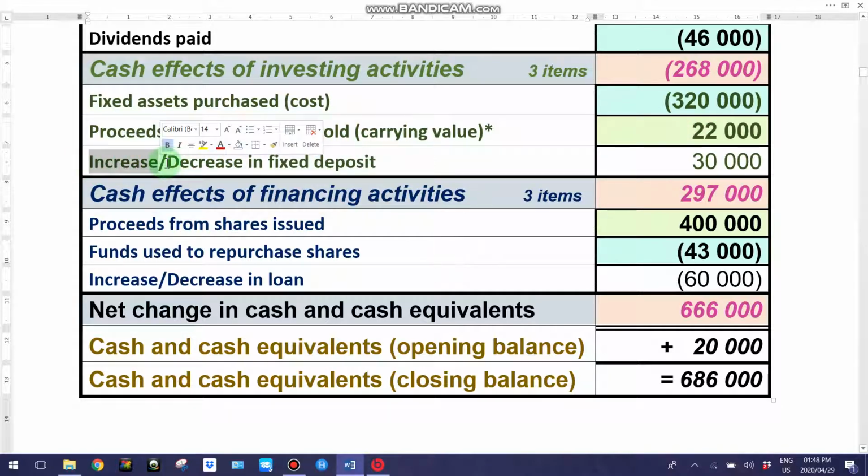You remember, if you can remember back to my CRJ and CPJ, my fixed deposit, when I invest money in a fixed deposit, is going to be an outflow of cash. Outflow of cash is when I increase, this increase here, increasing my fixed deposit. It means I am taking money out of my current account, banking account, and I'm placing it in a fixed deposit account.